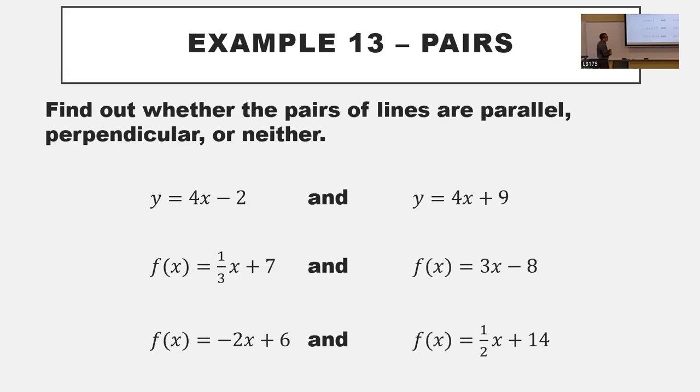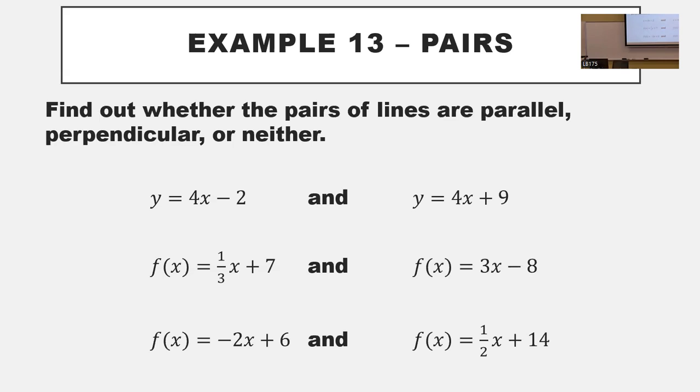These lines are all in slope-intercept form, or the function version of slope-intercept form. In this first pair, it's pretty obvious that the slope of the first line is 4, and the slope of the second line is 4.